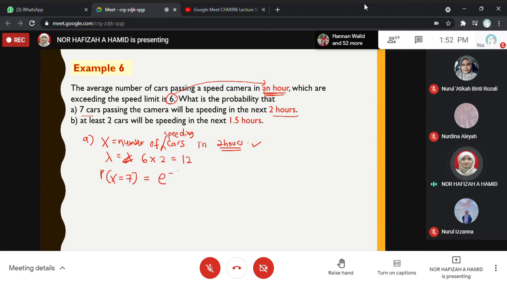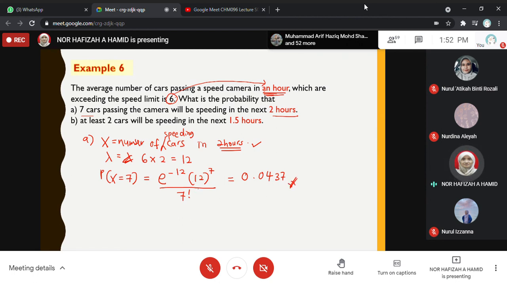So E negative 12 times with 12 to the power of 7 over with 7 factorial. Okay, and you get the answer di berapa. Okay, so kalau kat sini answer dia is equal to 0.0437.